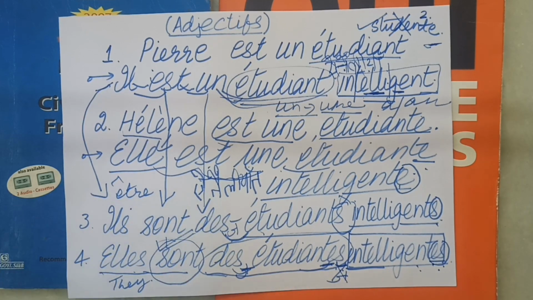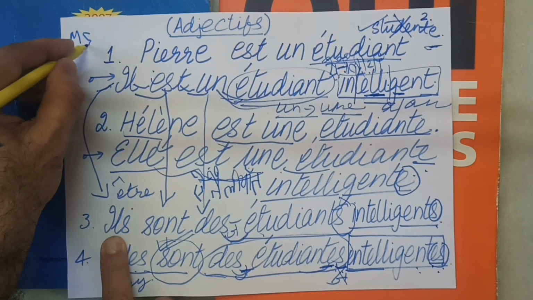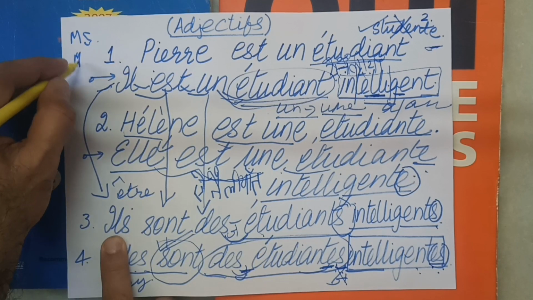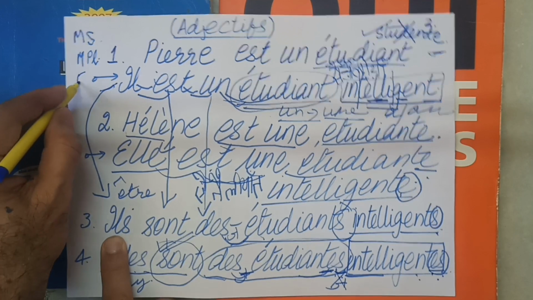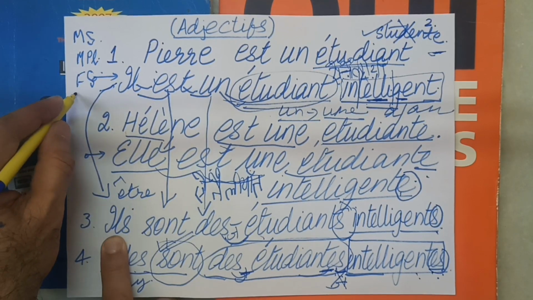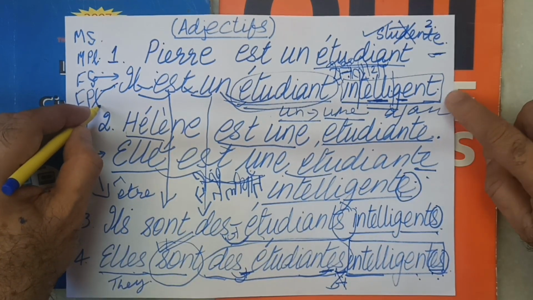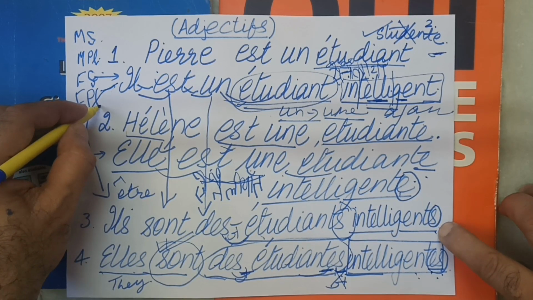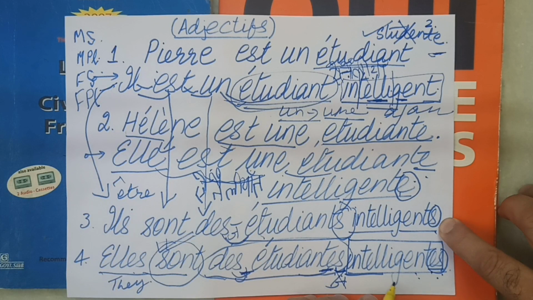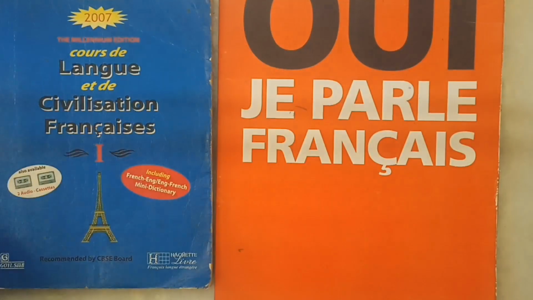Fine. So that means we have one format of adjective is masculine singular, second is masculine plural, third form is feminine singular, and fourth format is feminine plural, right? Corresponding to, if you see here, intelligent, intelligente, intelligents masculine plural, and intelligentes feminine plural. So I have these rules written here for you.